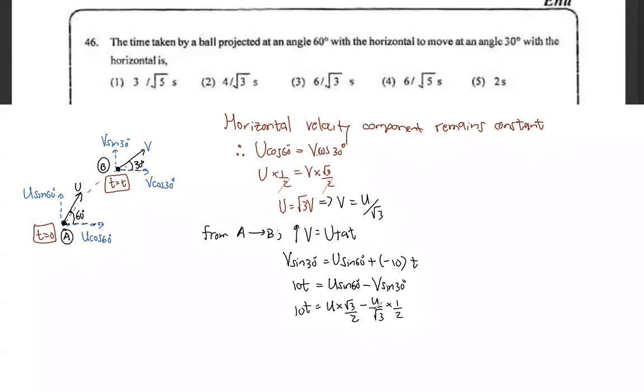If they had given the time and asked you to find u, you can do it this way. I'll try to change the approach a little bit because I'm getting stuck here, unfortunately. 10t is equal to, if I take 2 root 3 as the LCM, 3u minus u, that is 2u over 2 root 3. So that is u over root 3. Means time is equal to u divided by 10 root 3. But I don't have u.